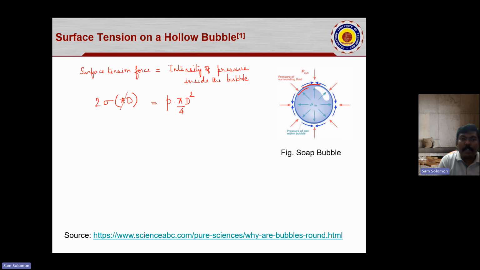Now if I cancel out this pi and one of the d, I have pressure P equal to 8 sigma divided by d. So this is the relationship between the pressure and the surface tension in the case of a hollow bubble. Okay, it's quite simple.